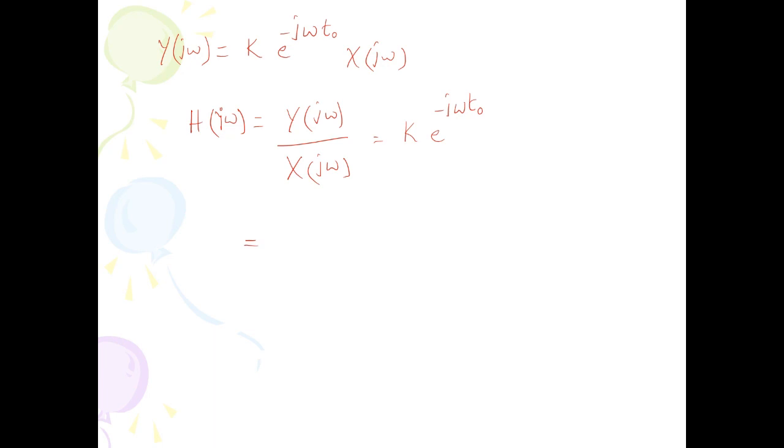This will be equal to mod of H of j omega into e power j angle of H of j omega, and this will be equal to k into e power minus j omega t naught.